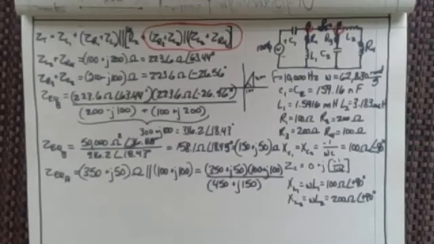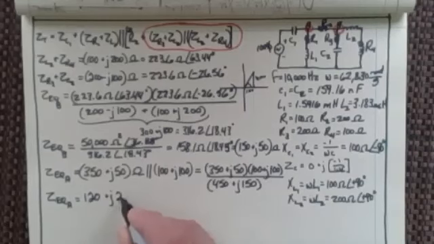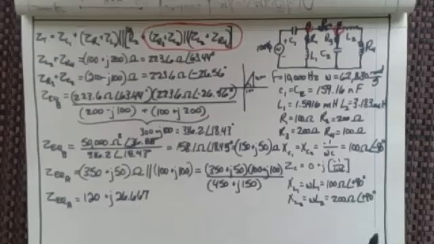It's going to come out to be 120. So my equivalent thing at point A, just after the impedance of the first capacitor, is going to be 120 plus J26.667. Now, how did I get that?